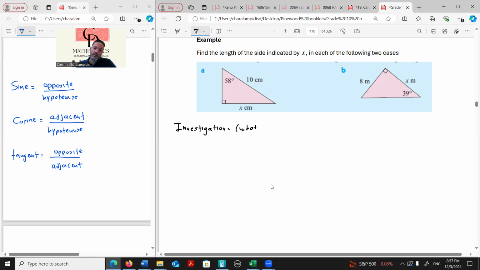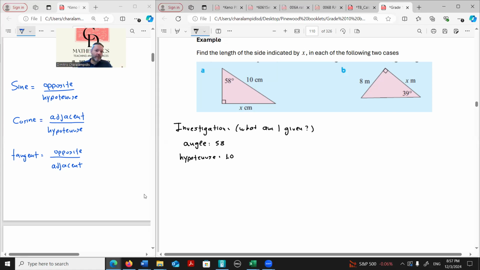What am I given? I am given the angle, 58. I am given the hypotenuse, which is 10. And although I'm not entirely given x, because that's what I need to find, it is involved.